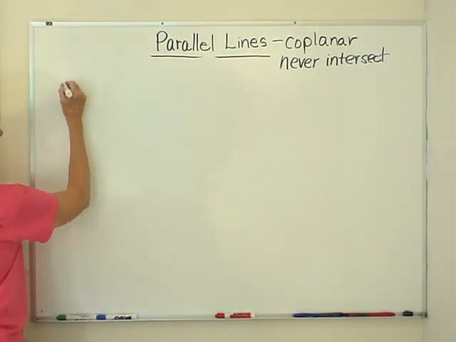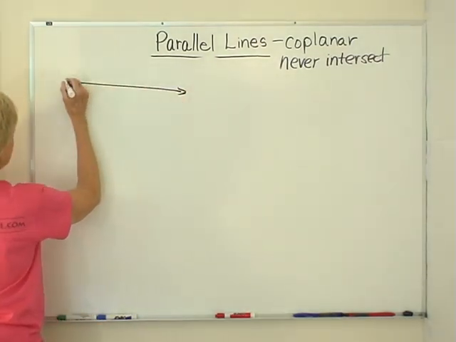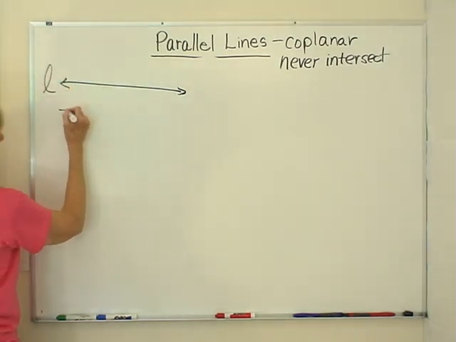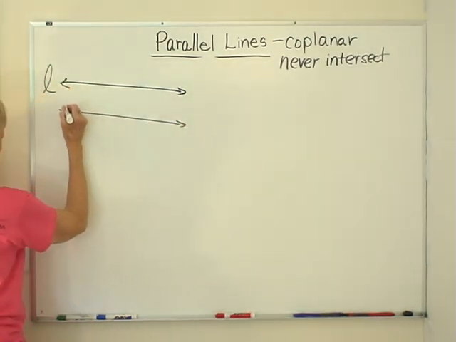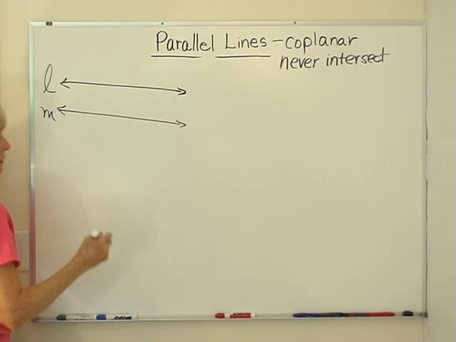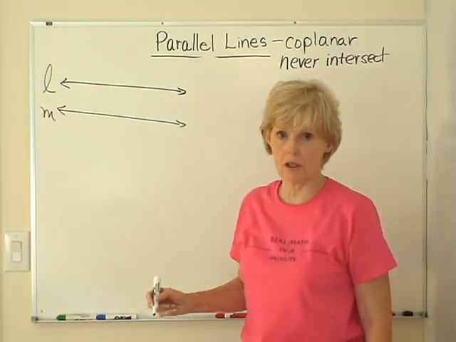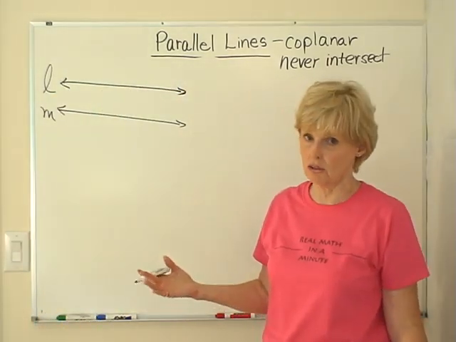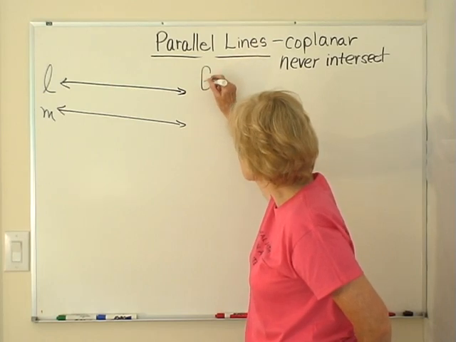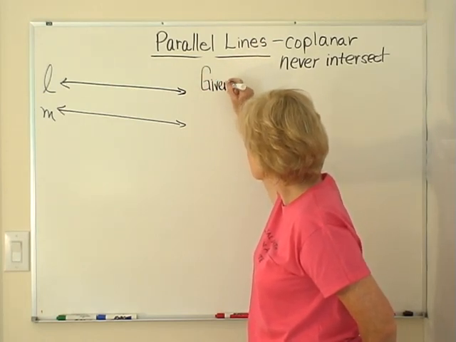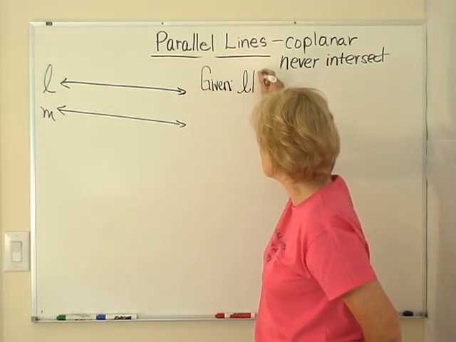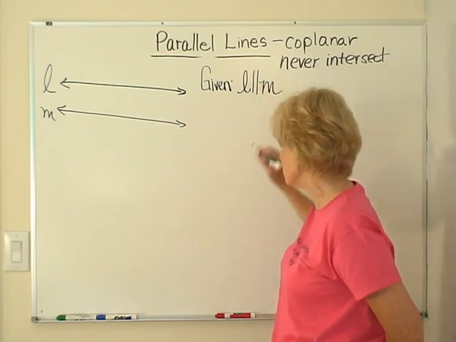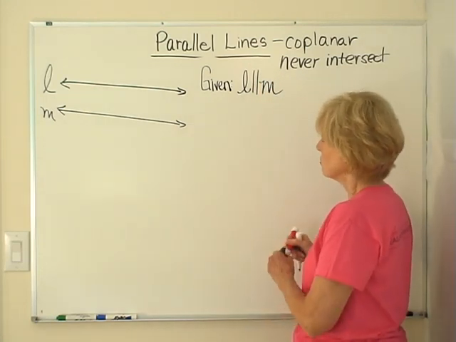So let's take a look at two lines that meet that criteria. If I say that I'm considering this line, which I'll call line L, and this line, which I'll call line M, and I'm going to say that those are given to be parallel because I can't assume it, you know that. So given that line L is parallel to line M, and you see the notation that I used right there.